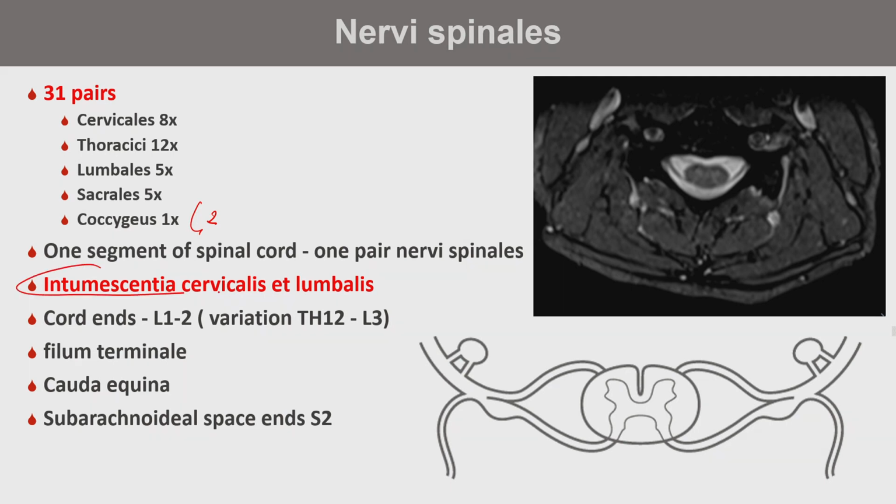We have heard about it, and on magnetic resonance you can see what is here. This is a dorsal sensoric root. Here is a tiny motor root. Why is motor thinner than sensoric? Because it's only motor for muscles and motor for sweat glands, for example.